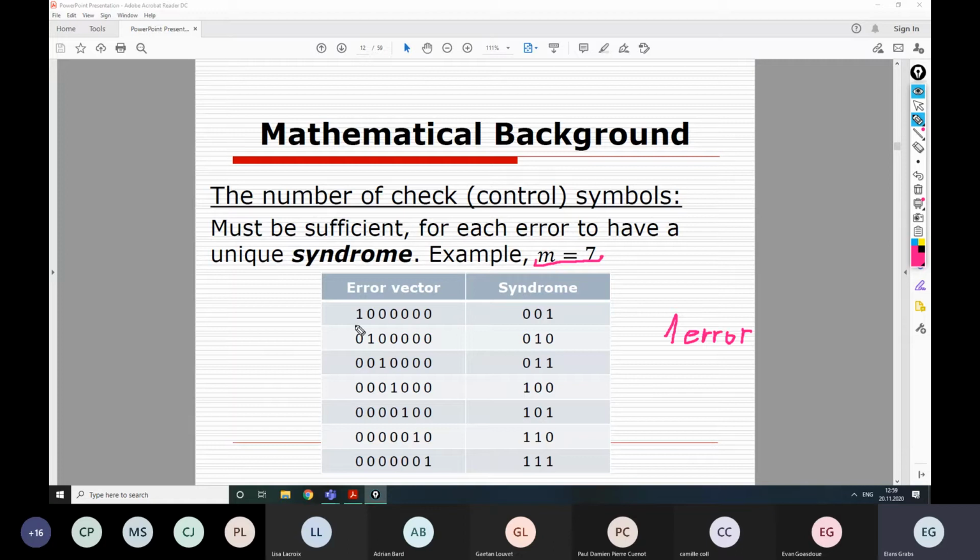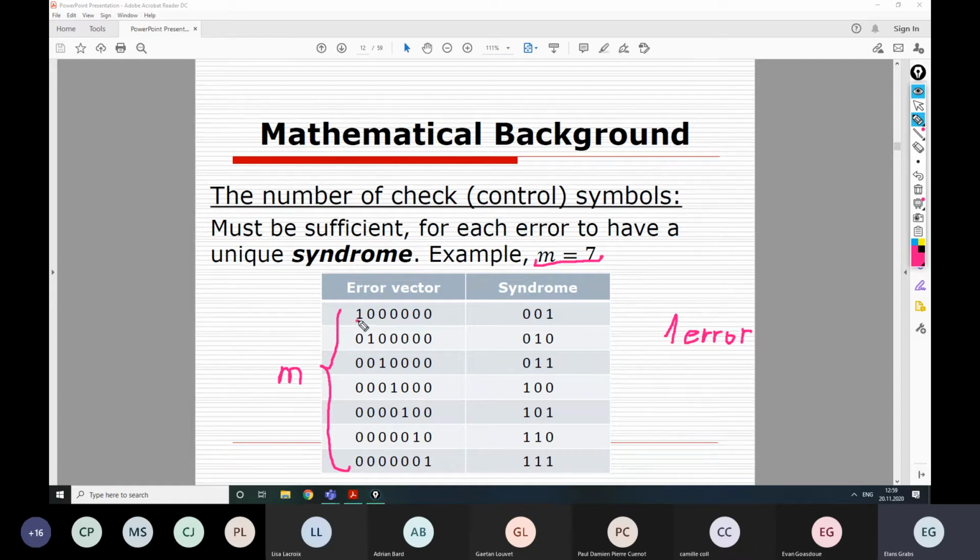And then one error can happen in 7 possible ways. The error can be in the first symbol, in the second, third, and so on, up to the 7th. In total, m possible ways of this error. And in order to be able to correct this error after we received this code word with error, we need a unique syndrome for each of the errors.